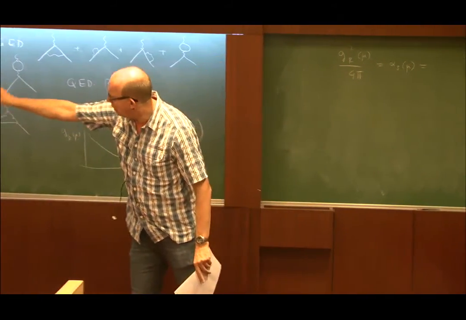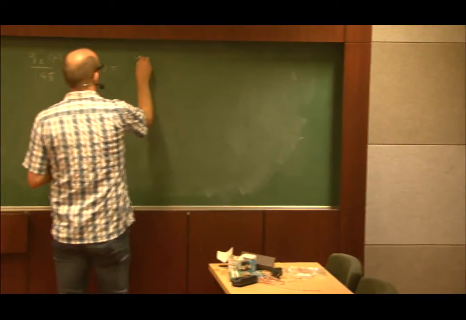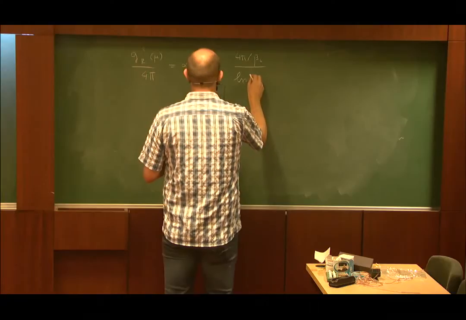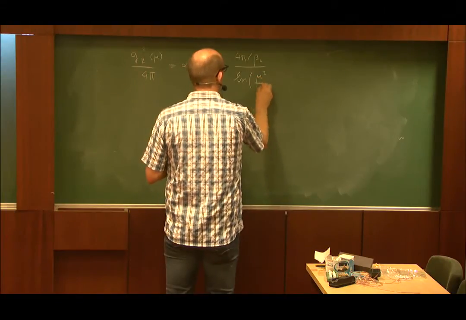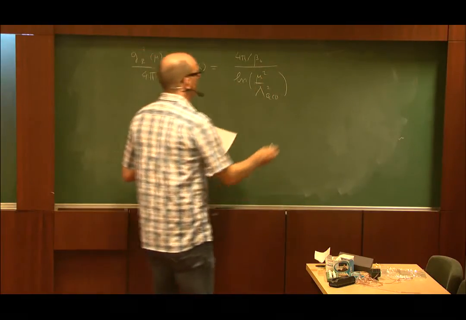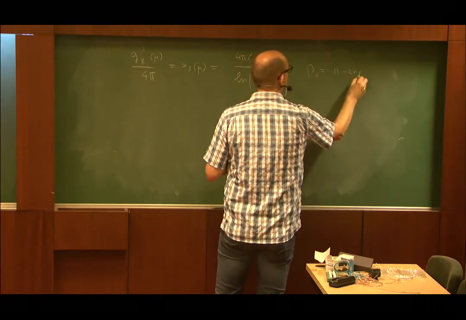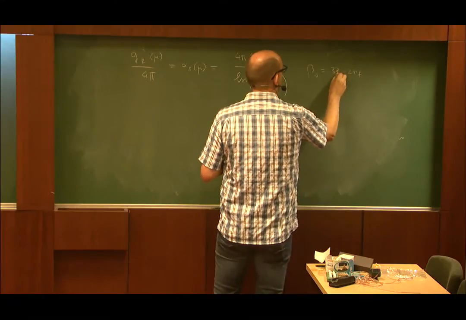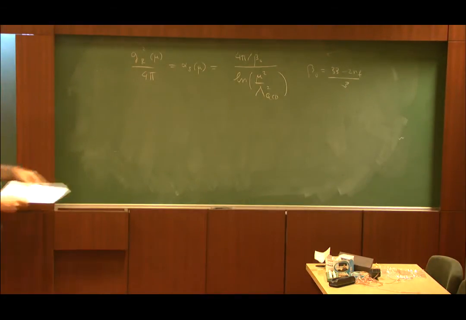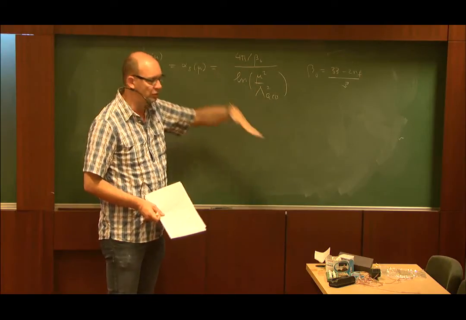It's very much the same as what I did there, now done for g, and with the minus sign, and the answer is 4 pi over beta 0 divided by the log of mu squared over lambda QCD squared, where beta 0 is 11 minus 2 NF over 3. And you see here indeed, if mu gets bigger and bigger and bigger, this gets smaller and smaller and smaller. So indeed it falls off.